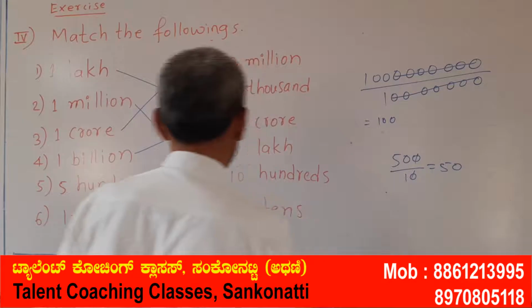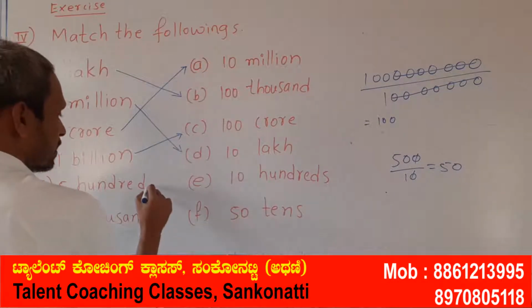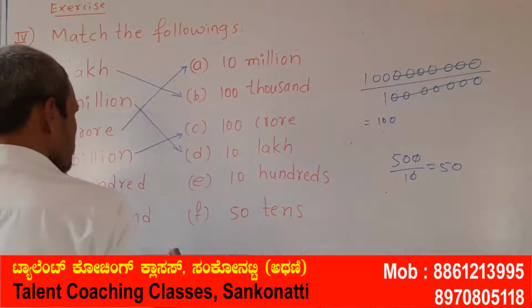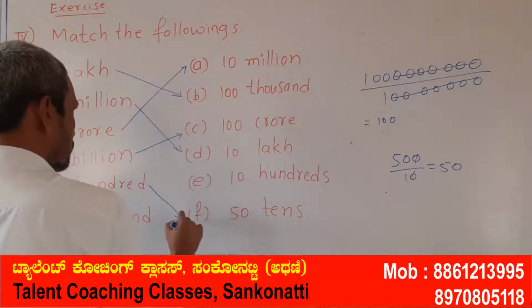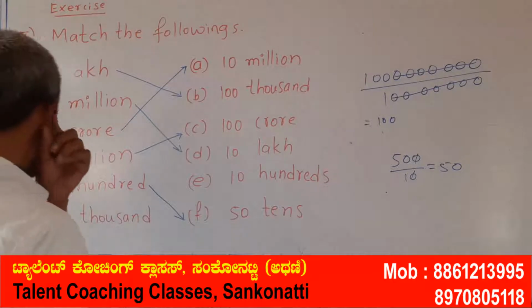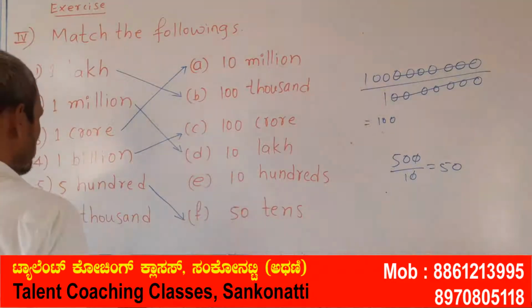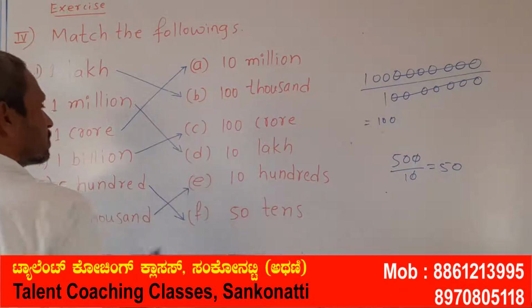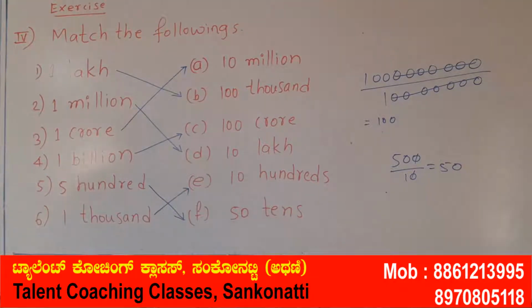We got 50. So in 500, 50 tens are present. Obviously in 1000, 10 hundreds are there. This is matching the numbers.